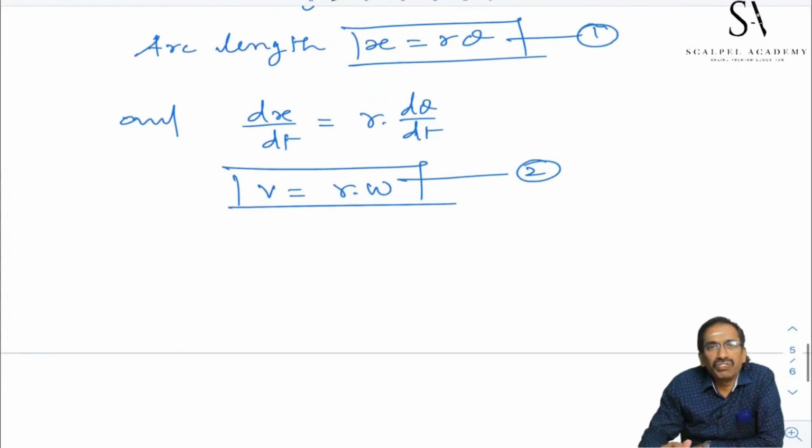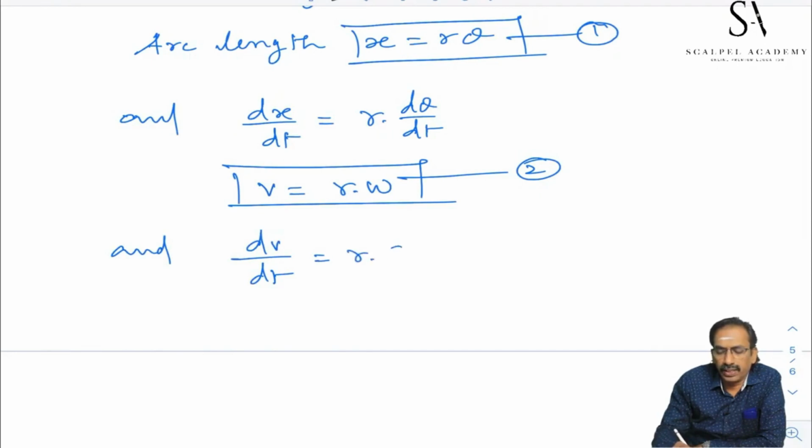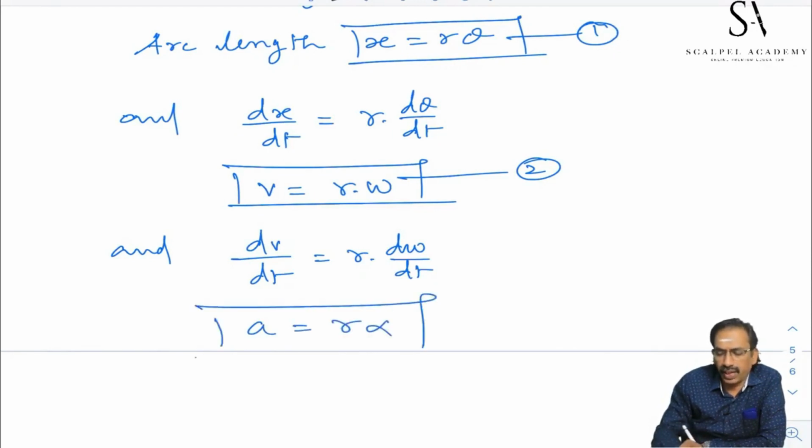The rate of change of velocity is called linear acceleration, that is equal to r into d omega by dt. Then a is equal to r alpha, where alpha is called angular acceleration.